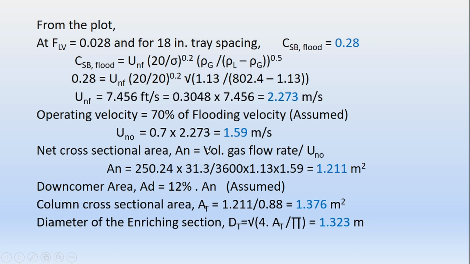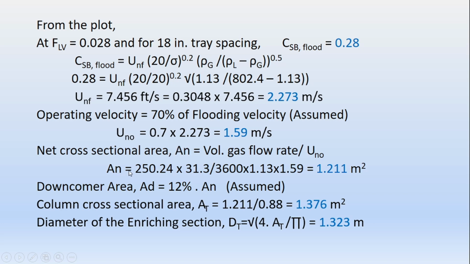Net cross-sectional area, we will take as the volumetric flow rate of the gas divided by the operating velocity. Volumetric gas flow rate is in meter cube per second, divided by meter per second, that will give us meter square. So that is the net cross-sectional area.